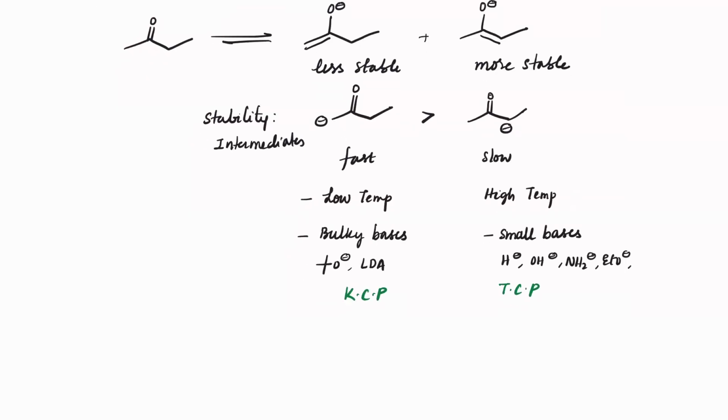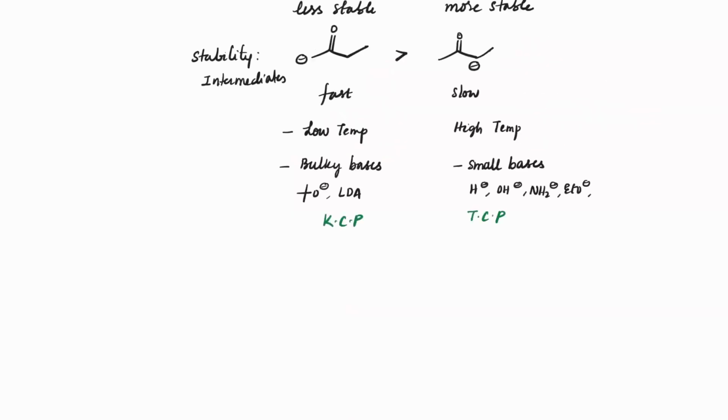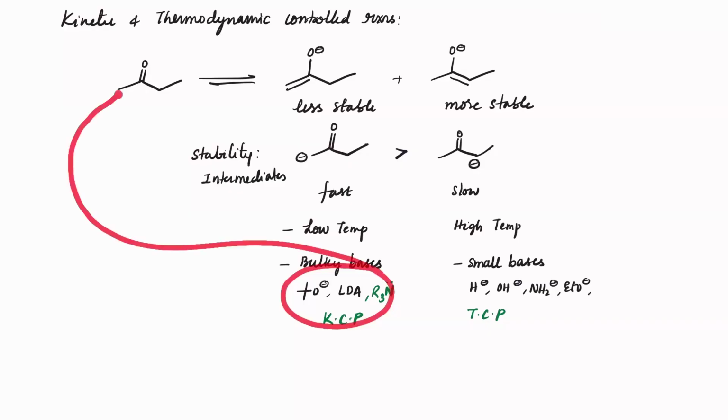Clear. So now, usually what would happen if a base is going, it has an option to either take H plus from here or to take H plus from here. In case the base is very bulky, like tert-butoxide, LDA, LDA is also a base, R3N, these are all bulky bases. Bulky bases would like to extract only from the less substituted carbon side, which is this one.